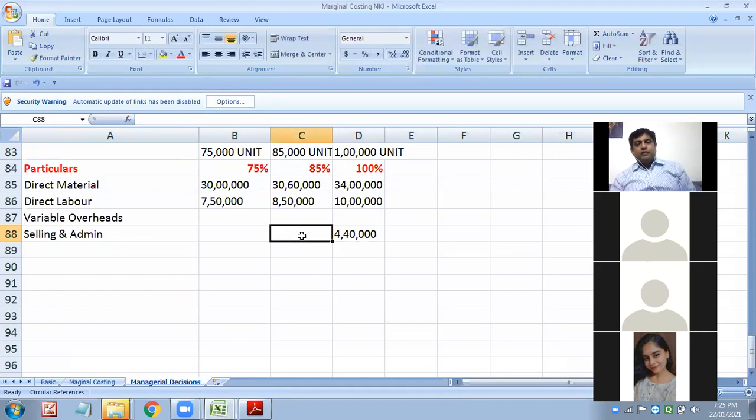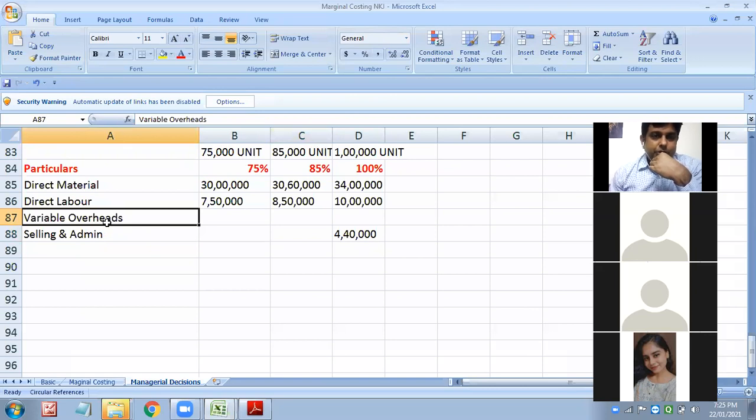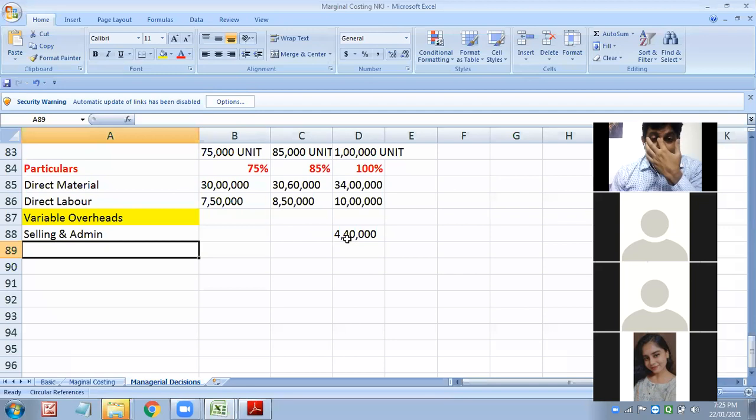Do you think for 85% it will remain the same or it will reduce? Tell me, what is your perception? I told you several times, when it comes to variable cost, you calculate per unit. So this 4,40,000 is for 1 lakh units. So per unit, how much is the cost?